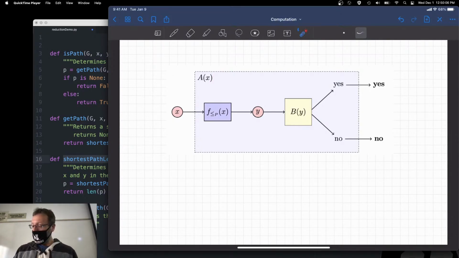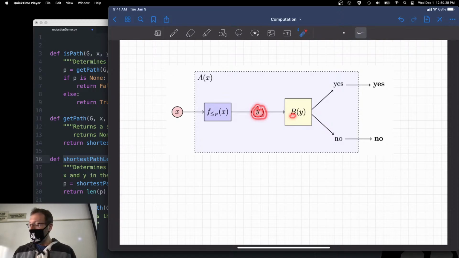Once we've got this input, we go through what's called a mapping reduction. In other words, we take an instance X, which is an instance of this problem A, and we transform it into an instance Y, which is an input to, or an instance of this problem B over here.